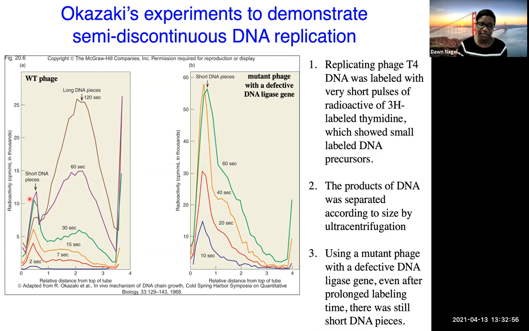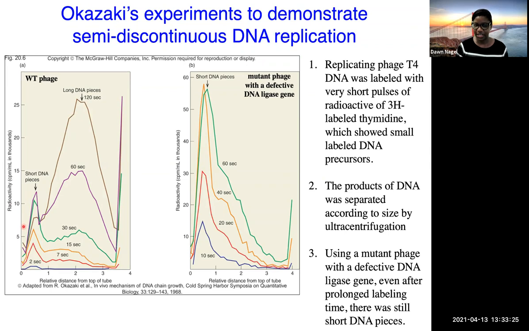So if the fragment is short, you have less radioactivity. If you have a long fragment, you have more radioactivity, because you're giving these pulses and incorporating the radioactivity, and at some point you have a lot of radioactivity. The fragment is much longer. So longer fragments, in this case, have way more radioactivity than a shorter fragment, okay?